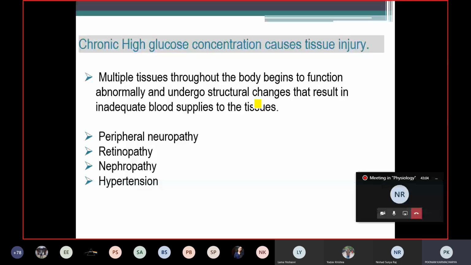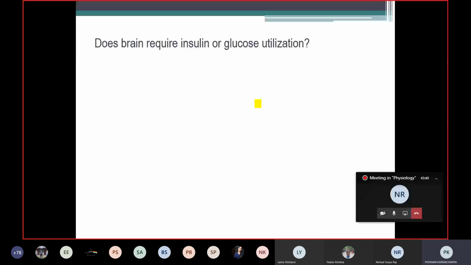Nephropathy is damage to the glomerular capillary basement membrane, and hypertension is secondary to nephropathy, right? So all these changes can occur because of high blood glucose concentration secondary to insulin deficiency. High blood glucose concentration is definitely not good for our body because it brings about structural changes and different kinds of diseased states.